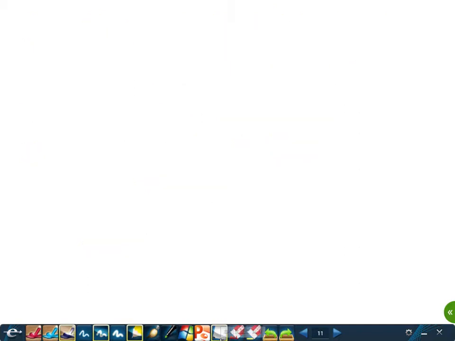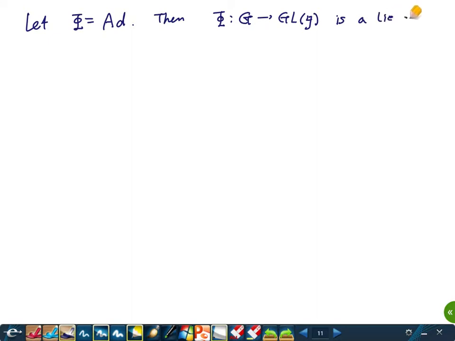Okay, now it's time to look at the connection between the two adjoint maps. They are closely related, as you can expect from their names. Let's say Φ is the adjoint map, this capital letter Ad. And then we know that this is a Lie group homomorphism.